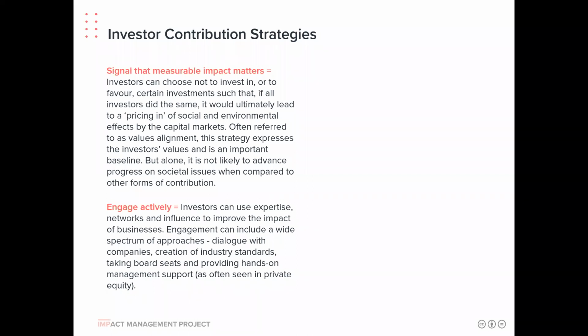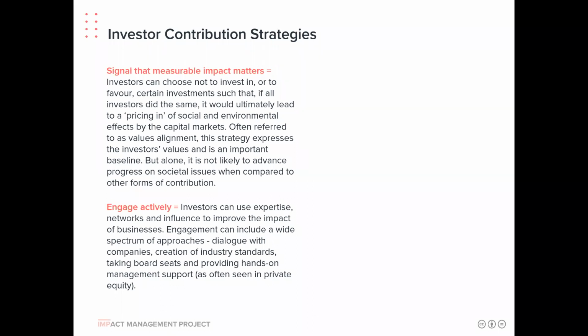So beyond simply signaling that measurable impact matters, many investors engage actively. This takes different forms in private versus publicly listed companies, but it could be taking a role in governance and being on the board and connecting the enterprise to networks of customers or suppliers.